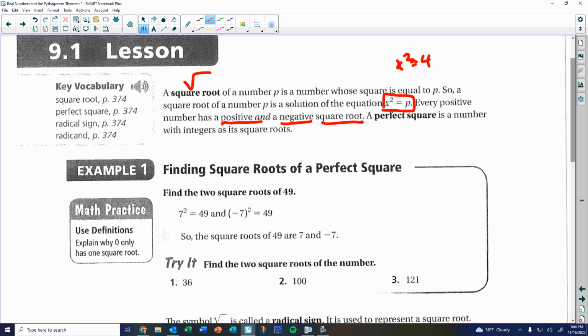There's usually about 15 perfect squares you should memorize. Okay? I'm going to write them right here. 1 squared, 2 squared, 3 squared, all the way to 15.